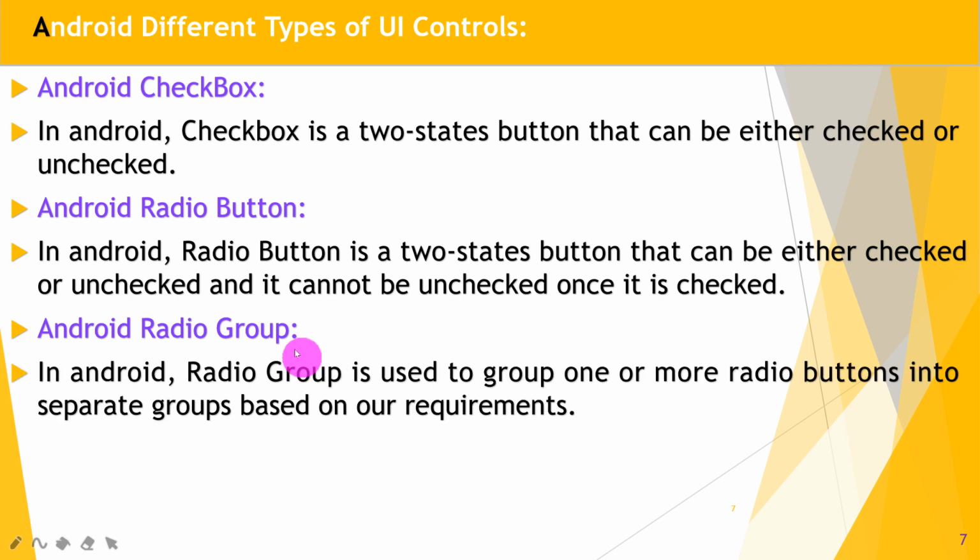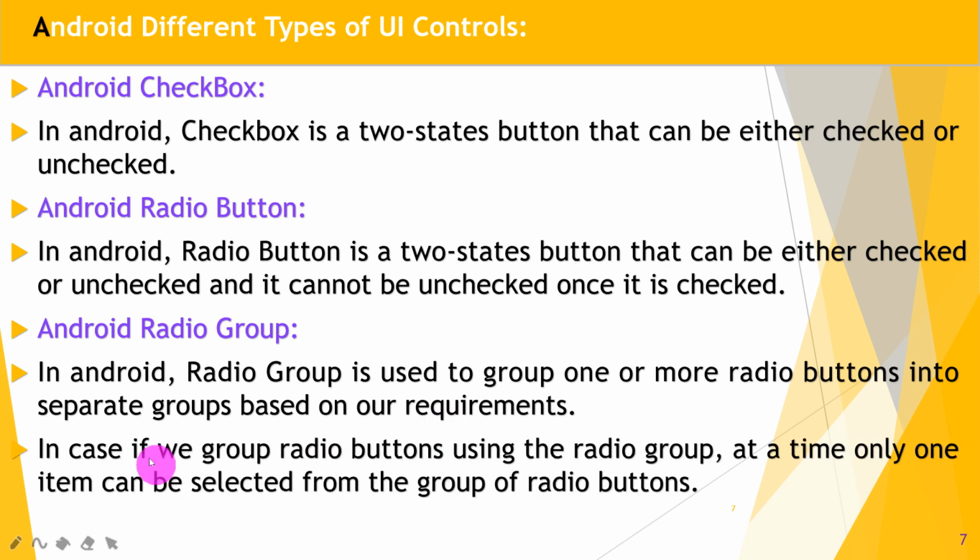In Android, radio group is used to group one or more radio buttons into separate groups based on our requirement. In case we group radio buttons using the radio group control, at a time only one item can be selected from the group of radio buttons.